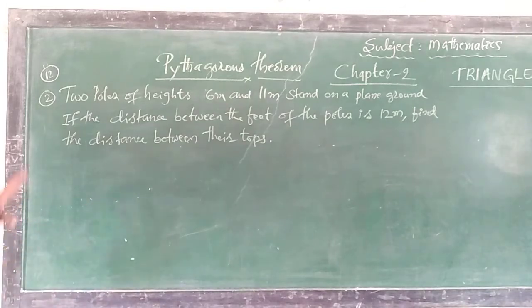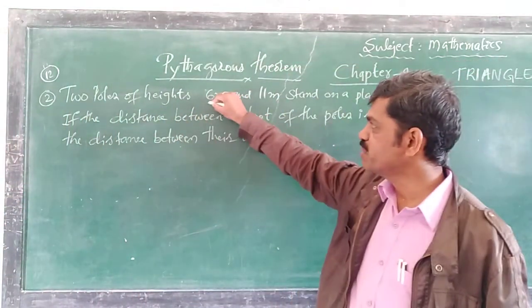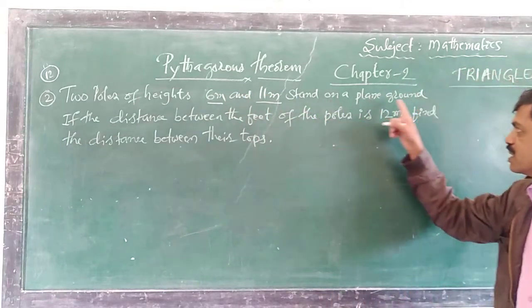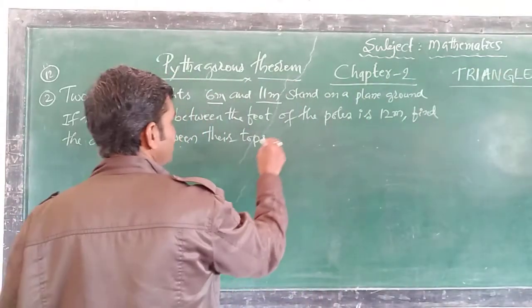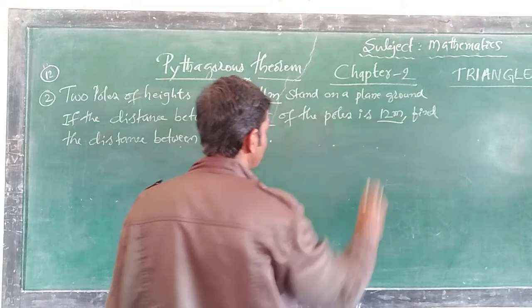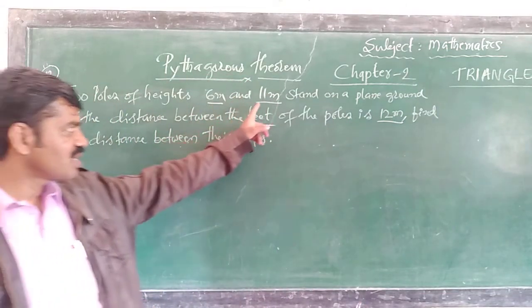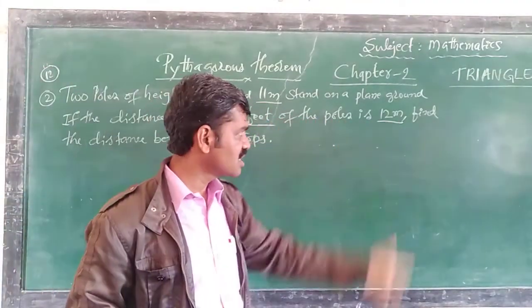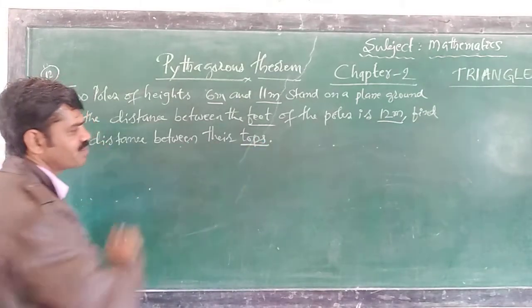The question is like this. There are two poles of height 6 meter and 11 meter on a plain ground. The distance between their feet is 12 meter. One pole is of height 6 meter, another pole is of height 11 meter. The distance between the two poles is 12 meter. We have to find the distance between their tops.